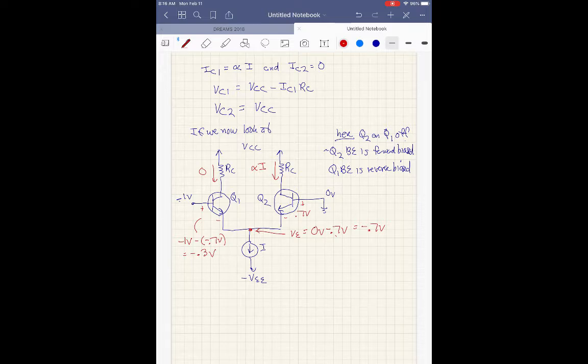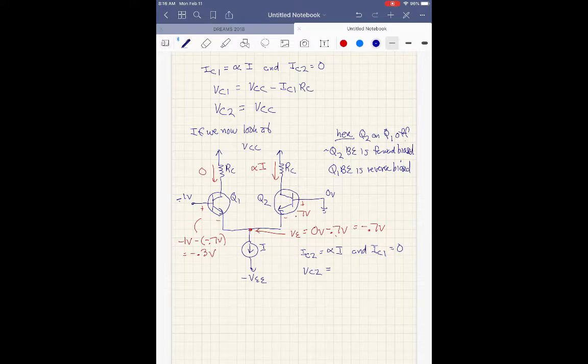So again, Q1's base to emitter junction is going to be reverse biased. So Q1 is off. All right, so where were we here? We can say IC2, I already wrote it up there, but it's alpha times I. And IC1 is 0.